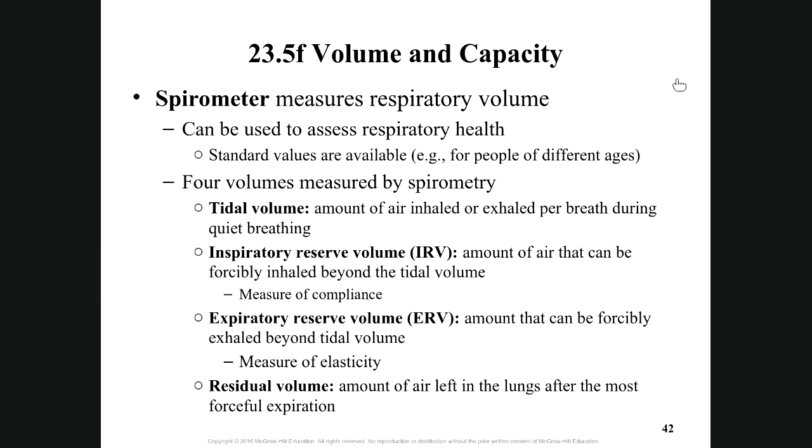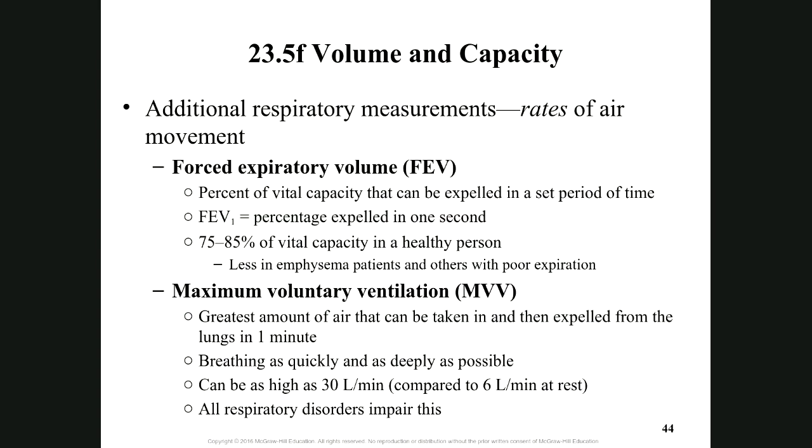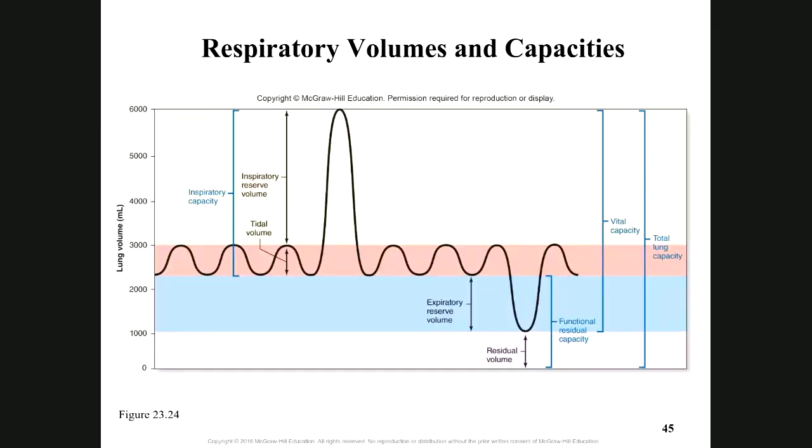Look at here. This is the graph of a spirometer or respirometer, and in this graph you have different parameters. When you are doing normal inhalation and exhalation, your graph is like this.